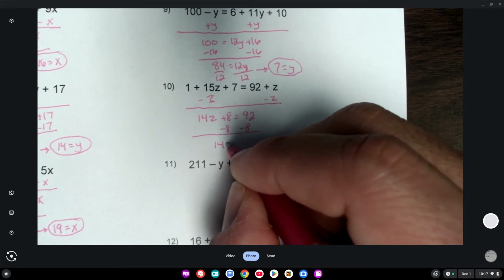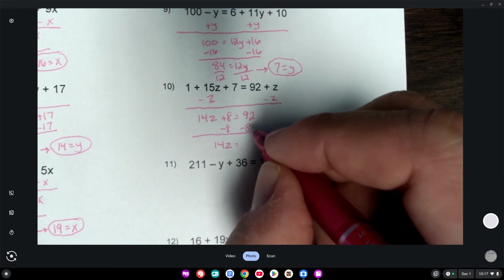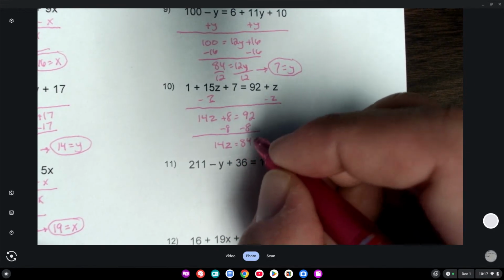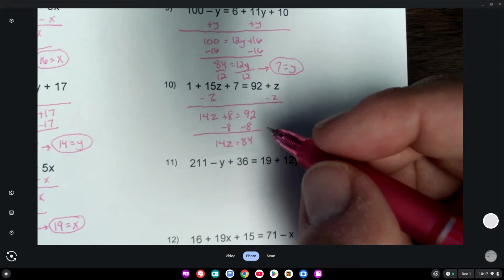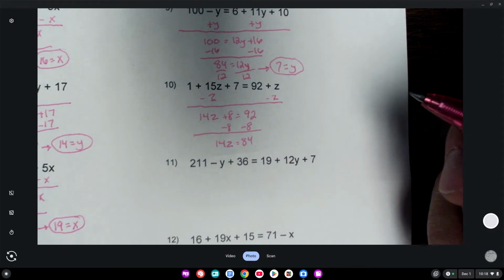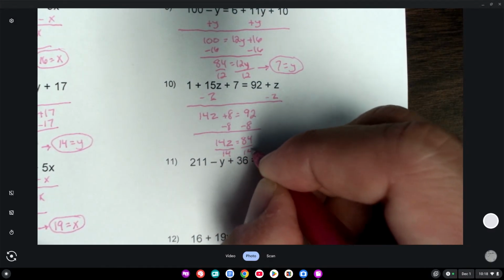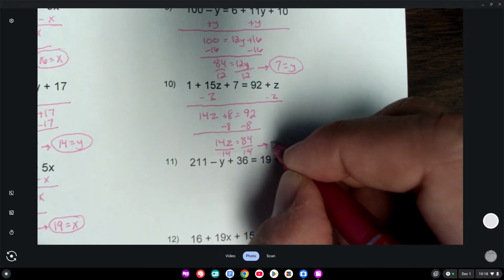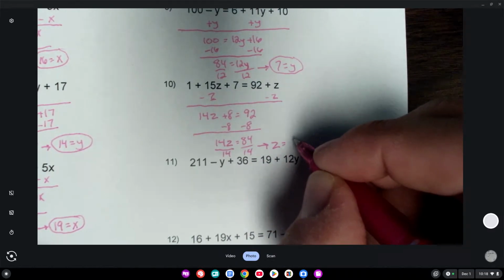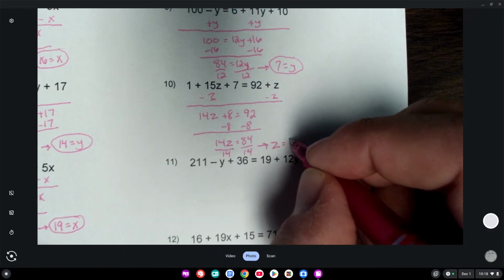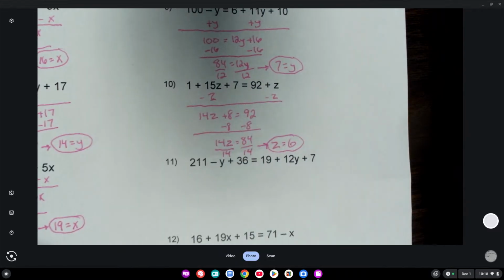So 14z equals 84. So last step, divide both sides by the 14, the number in front of the variable. Alright, so z equals 84 divided by 14 is 6.